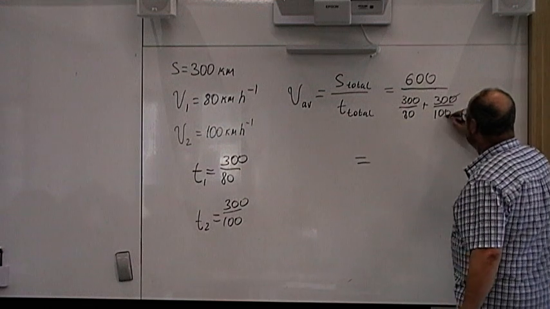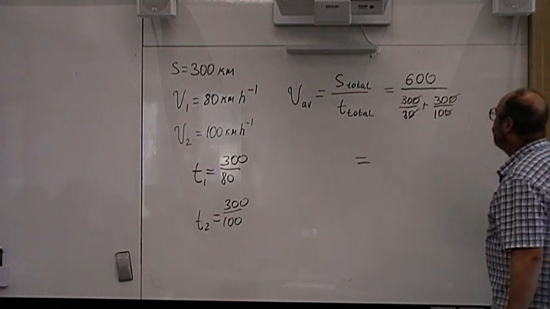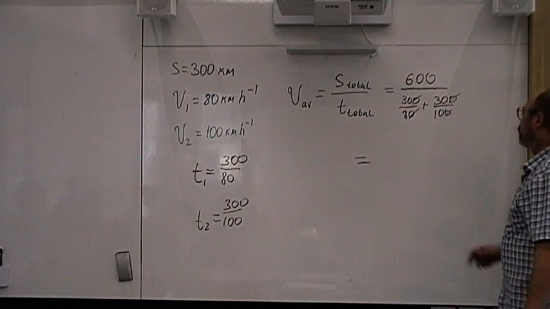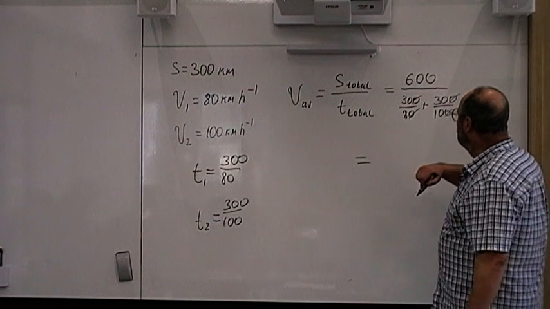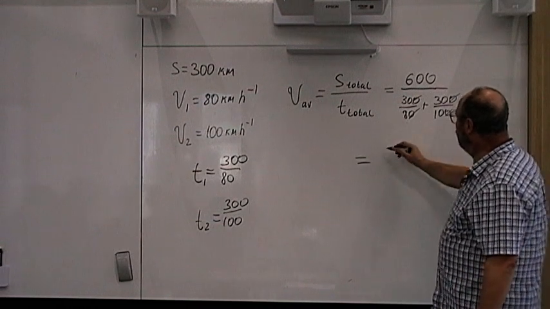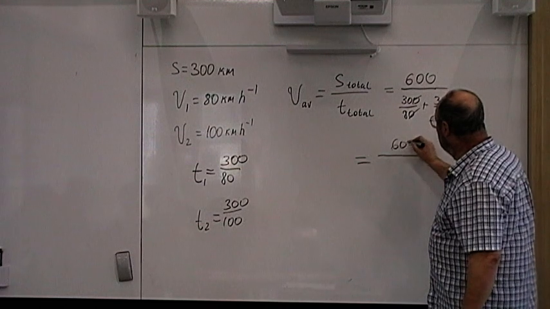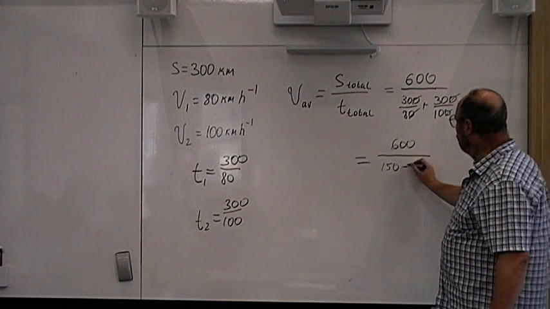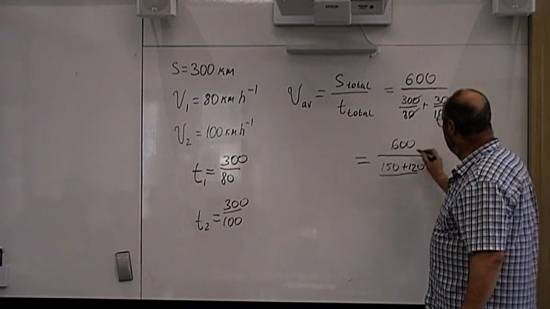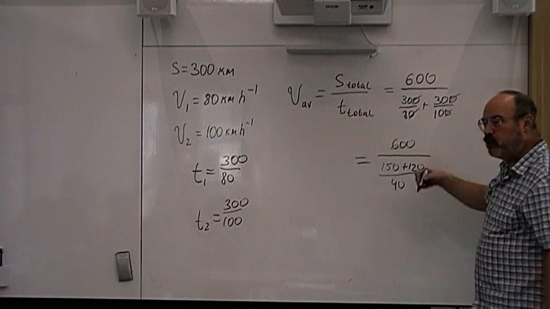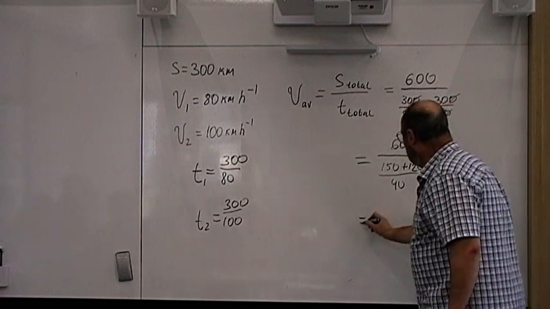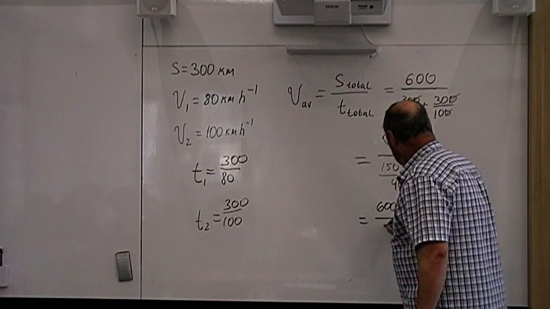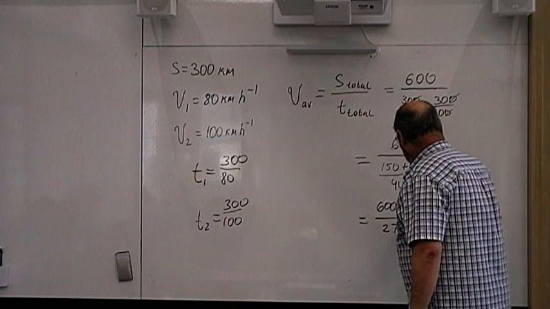Now let's simplify, cancel the 0, bring to a common denominator, which between 8 and 10 will be 40. So 300 over 80 times 5 is 1500 over 400, and 300 over 100 times 4 is 1200 over 400, giving 2700 over 400, so the average speed equals 600 times 400 divided by 2700.